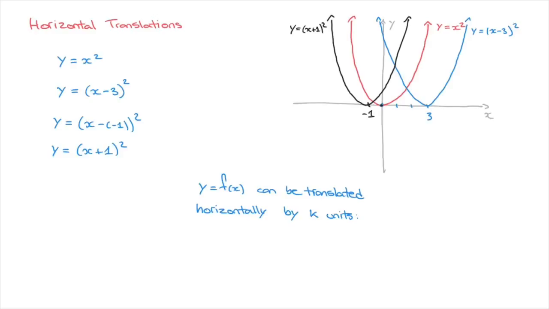And there are 2 cases to consider. The first, to the right, by defining the new curve with equation y equals f of (x minus k). Alternatively, it can be moved to the left by k units with the curve with equation y equals f of (x plus k).